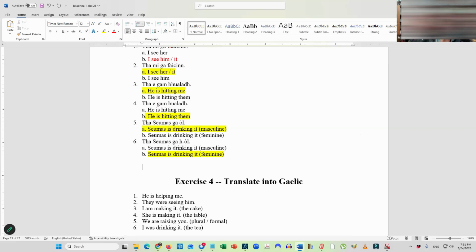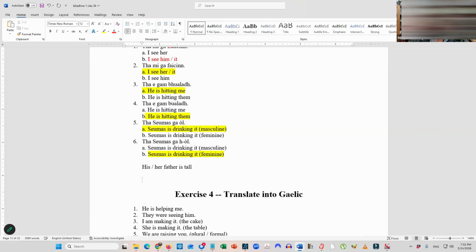Okay, and I think we covered this when we covered the possessive pronouns. Her father is tall.